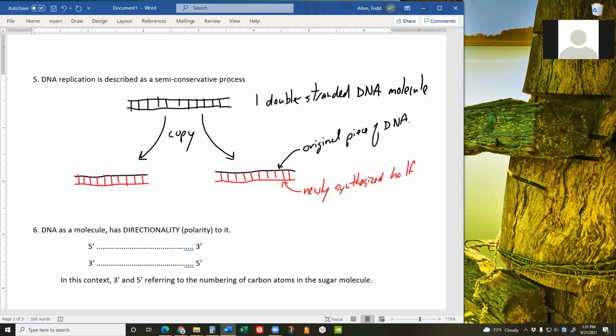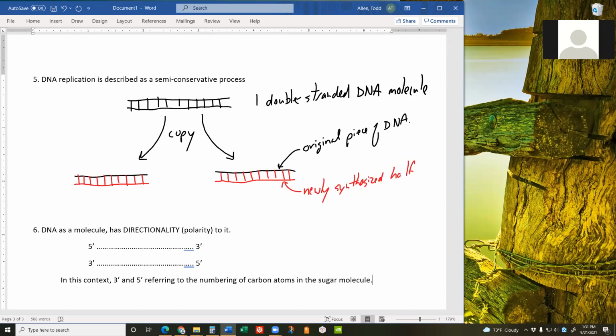Suffice it to say, the carbon atoms that make up the sugar are assigned numbers 1, 2, 3, 4, 5. This was developed by biochemists and organic chemists, and it gives you a logical way to refer to atoms that are hanging off the carbon atoms of the sugar.